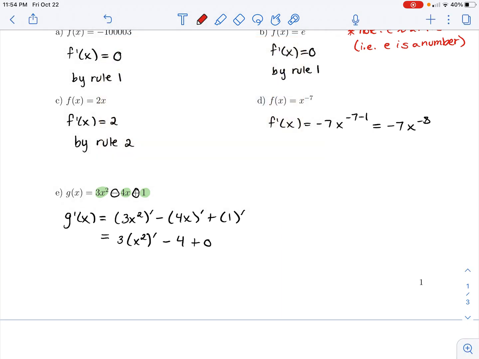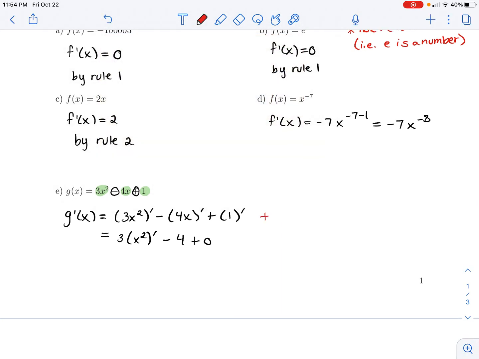Okay, and here I just want to let you know that, again, this was by rules 5 and 6 to get to the first line.